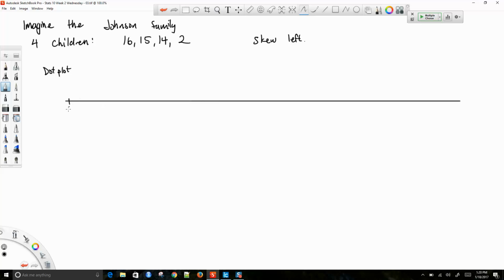So let me just start at 0, 1, 2, 3, 4, 5, 7, 8, 9, 10, 11, 12, 13, 14, 15, 16, 17, 18, 19. And then I'll put a dot right here at 16, a dot right here at 15, a dot at 14, and a dot here at 2.